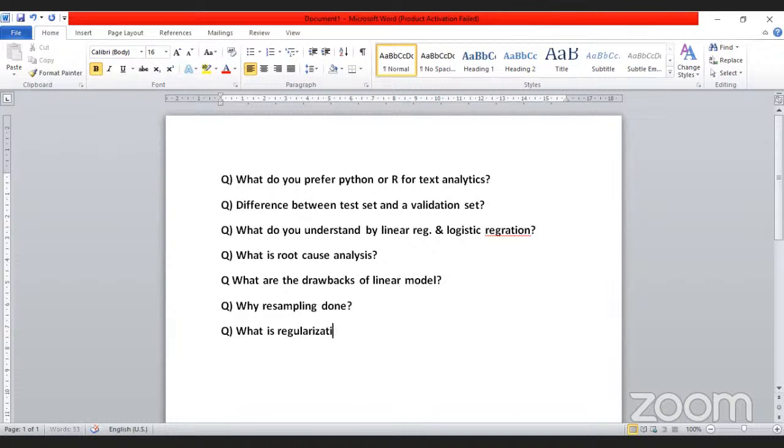Think about it. What is regularization, and why are we using regularization, to solve which problem?